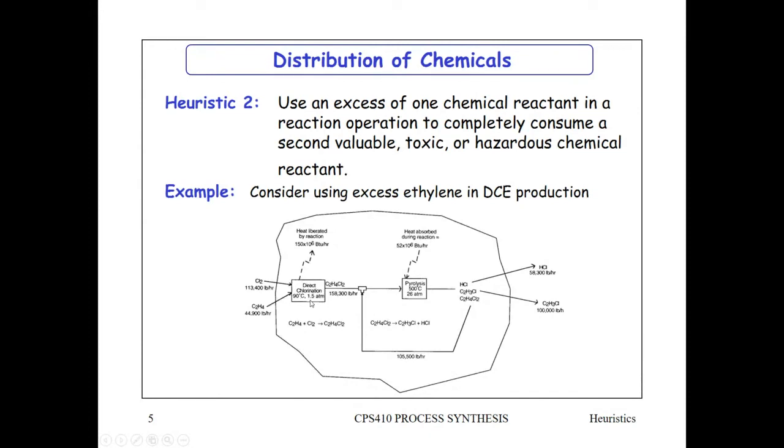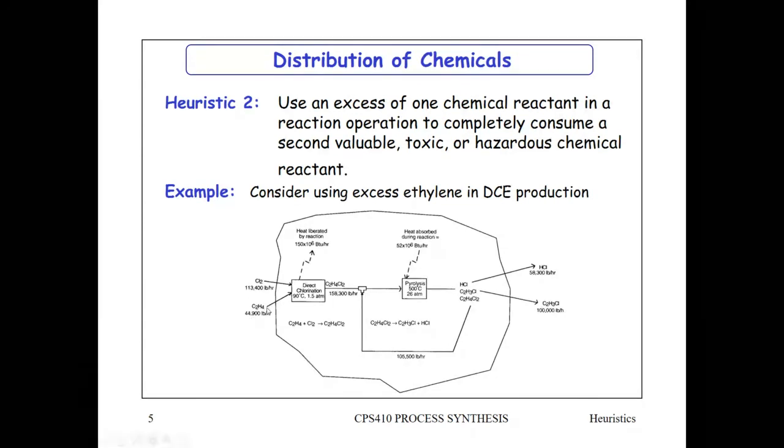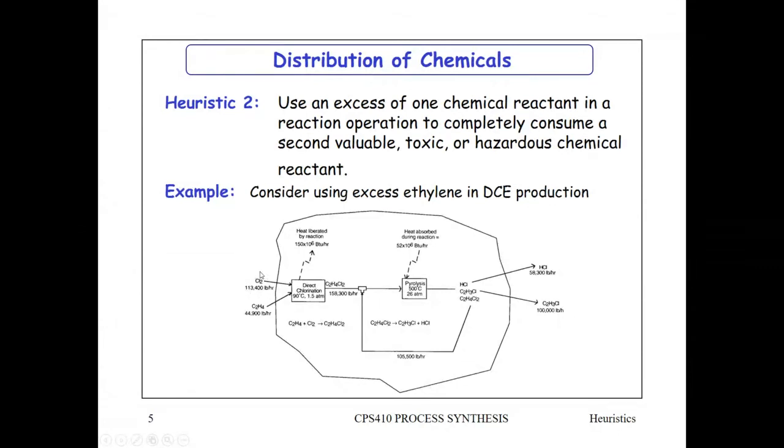And what that does is, from your kinetics, if it's elementary kinetics, the rate is proportional to the concentration of chlorine and the concentration of ethylene multiplied together. K times the concentration of chlorine times the concentration of ethylene. And if you increase the concentration of your ethylene, you can keep the rate high even with low concentrations of chlorine.